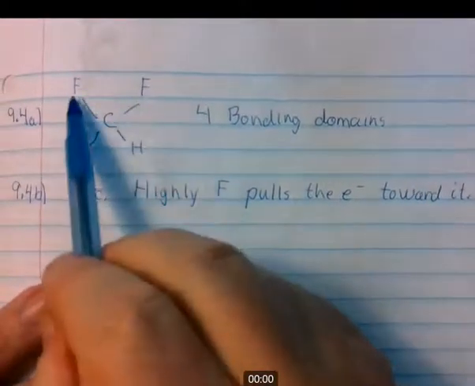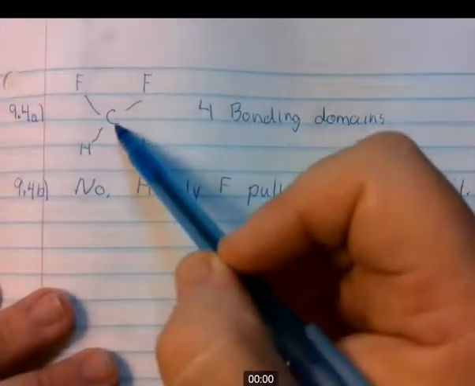This is the most electronegative element on the periodic table, so the electrons are going to be pulled up towards these fluorines.